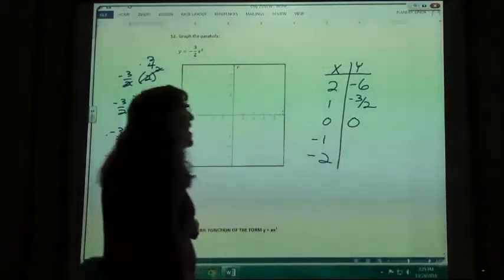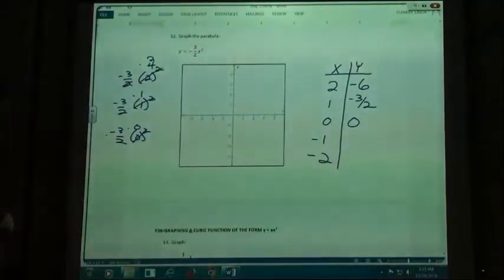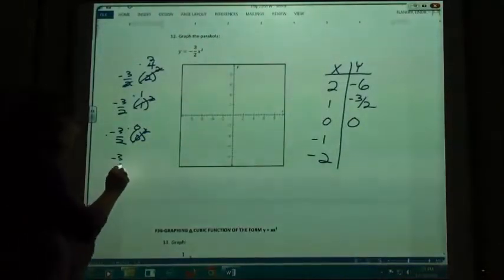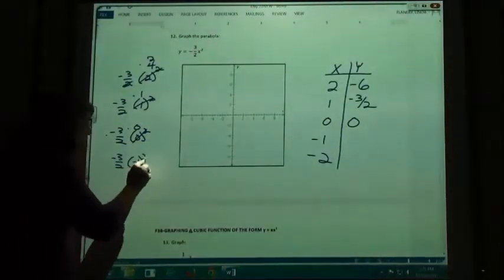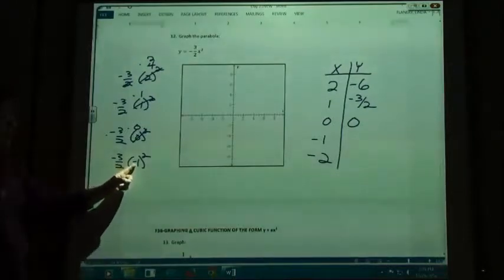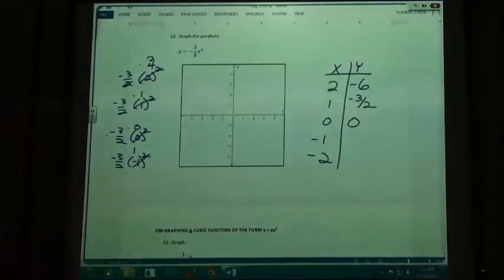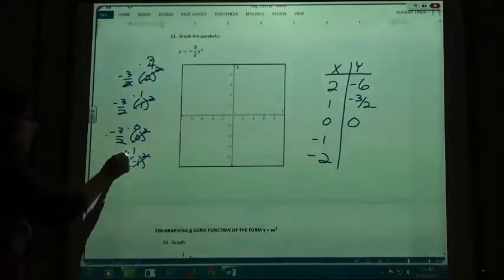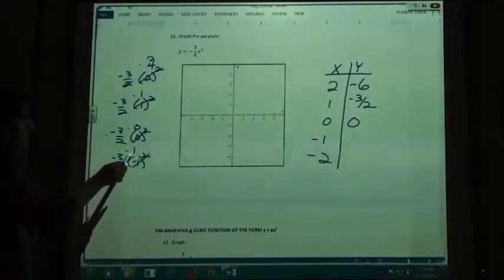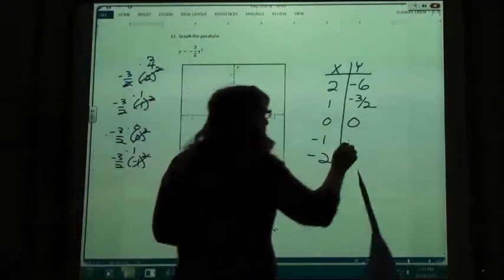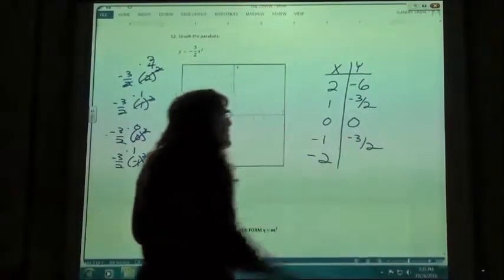So negative 3/2 times 0 is 0. Negative 3/2 times my negative 1 squared. When I square a negative, it becomes positive. So negative 1 times negative 1 is a positive 1. I'm then going to take my negative 3/2 times my positive 1, which is negative 3/2.